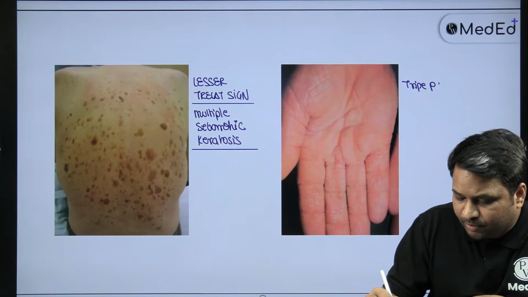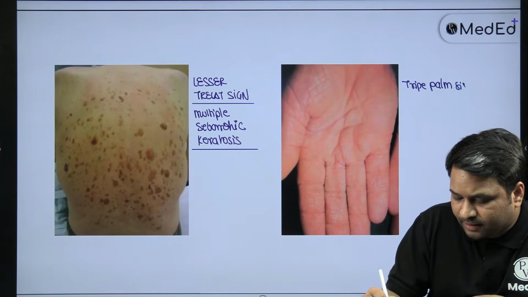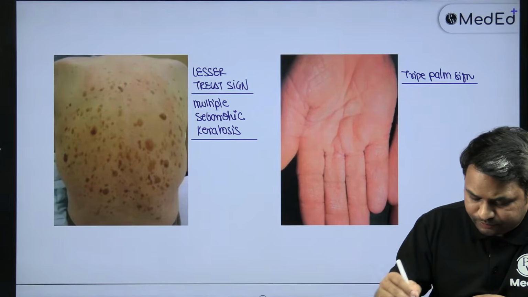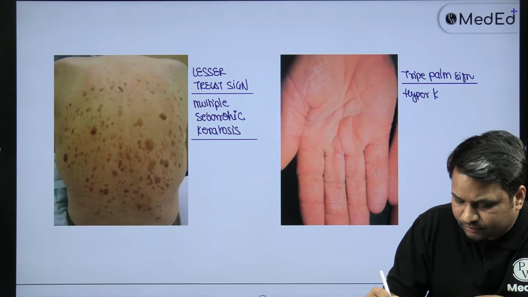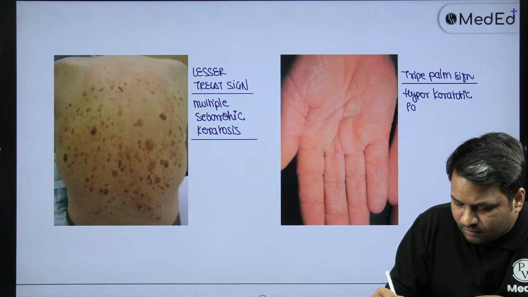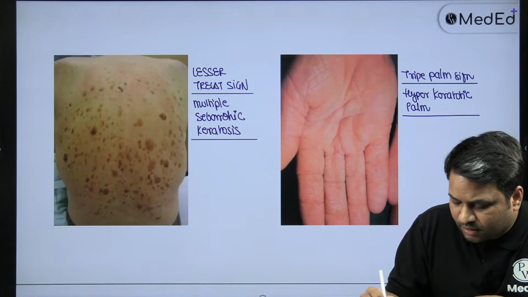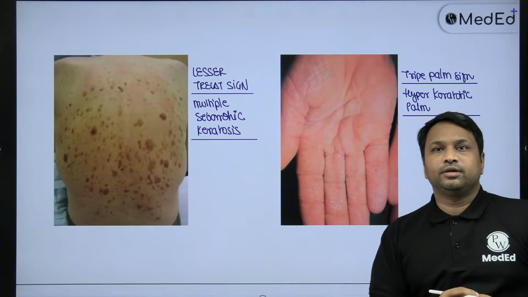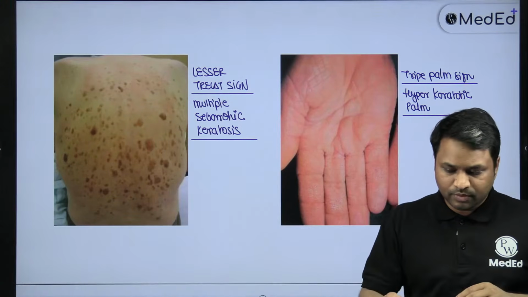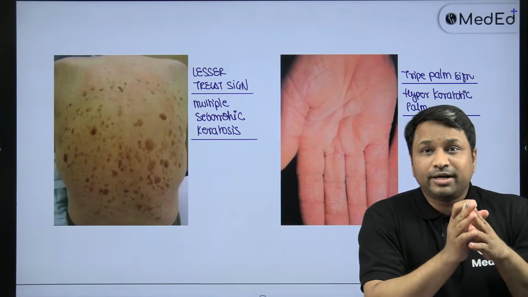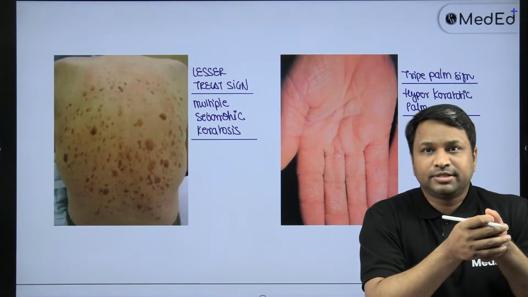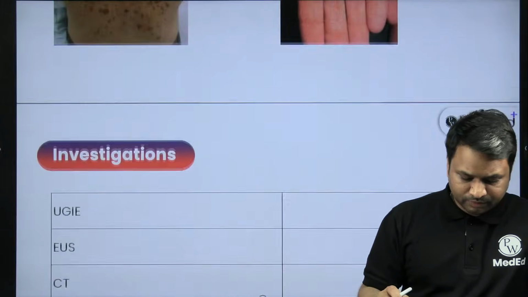Scaly palm, this is the tripe palm sign. This is basically your scaly, hyperkeratotic palms. Both of them are seen in gastric carcinoma. The good thing about it is that it is reversible.